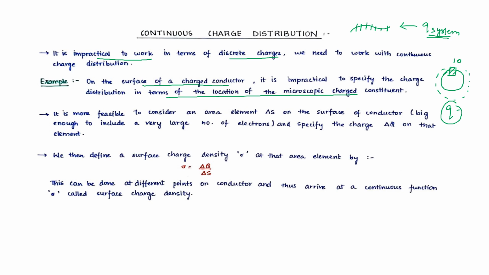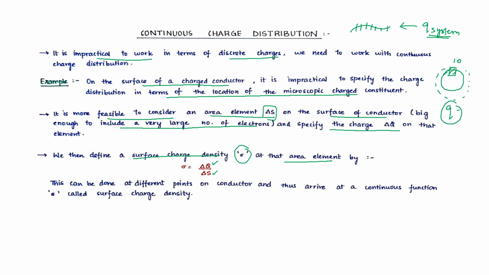It is more feasible to consider an area element del S on the surface of the conductor, big enough to include a very large number of electrons, and specify the charge del Q on that element. We then define a surface charge density, that is sigma, at that area element, and sigma is given by the charge distribution over the given surface area.